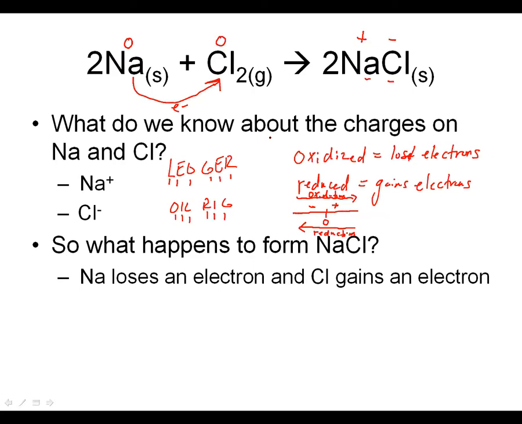So when we look at sodium, we see it goes from 0 and ends up at +1, which is on this side. So that's the way you can simply use that little number line to figure out what's being oxidized and what's being reduced. This is what's known as a classic redox reaction.